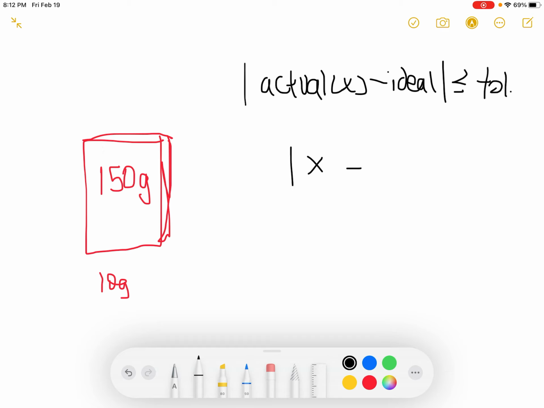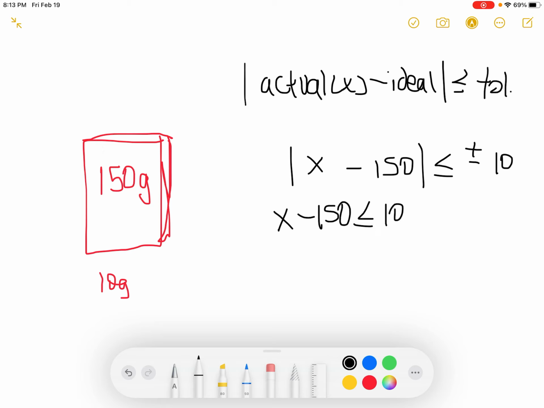Ideal is what it's advertised as, which is 150. That's less than or equal to tolerance, which is plus or minus 10 grams, because that's what they said. Just like before, we would solve it with one inequality using positive 10, and one using negative 10.